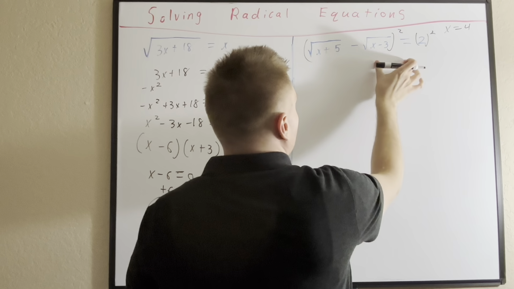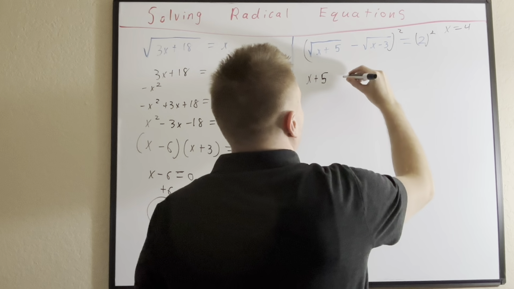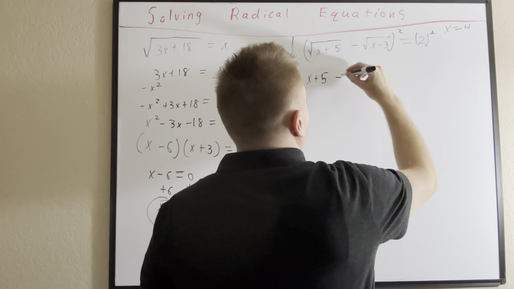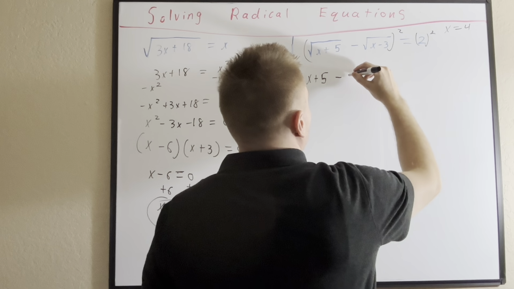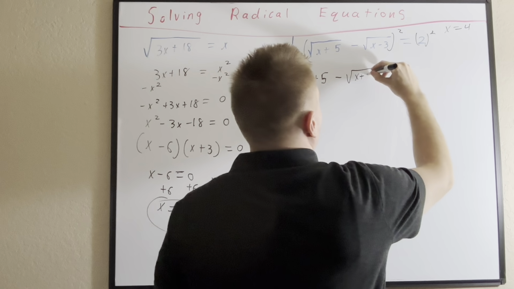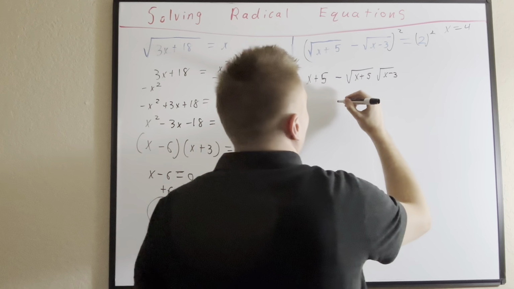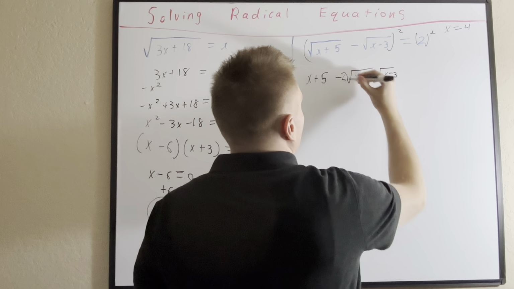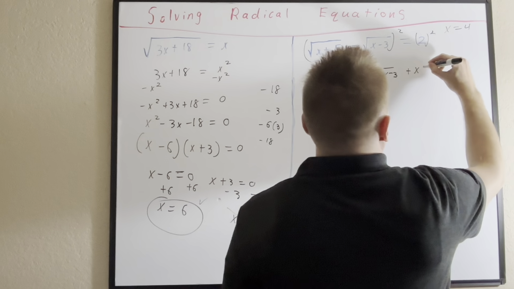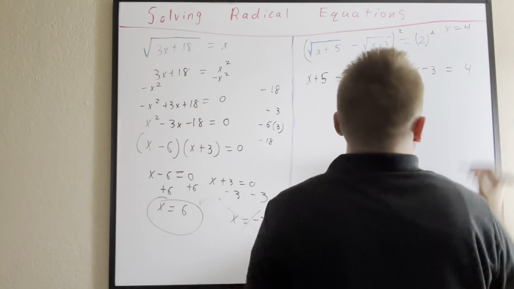We're going to FOIL it out to itself, right? So we're going to end up with x plus 5 minus square root of x plus 5 times the square root of x minus 3 twice. Just go ahead and combine like terms right now. Plus x minus 3 is going to multiply by itself equals 4.